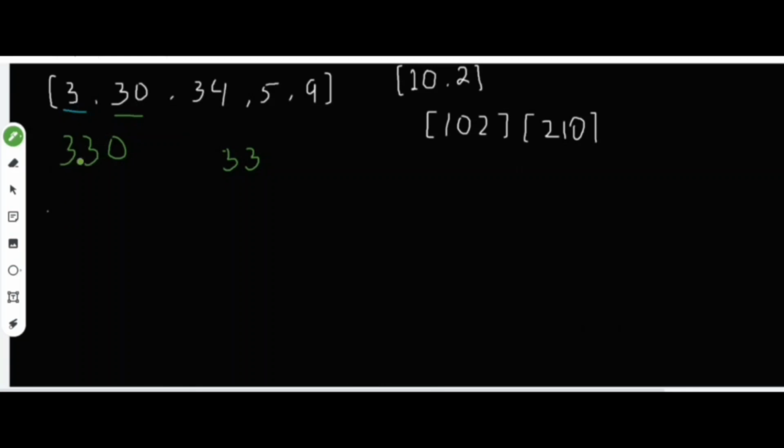If you are comparing them, you consider them as integers, and if you are joining them, you consider them as strings. The other combination is to swap the 30 and the 3, which would give 303. So 330 is the largest number, and you will not do anything, you will just keep it that way.